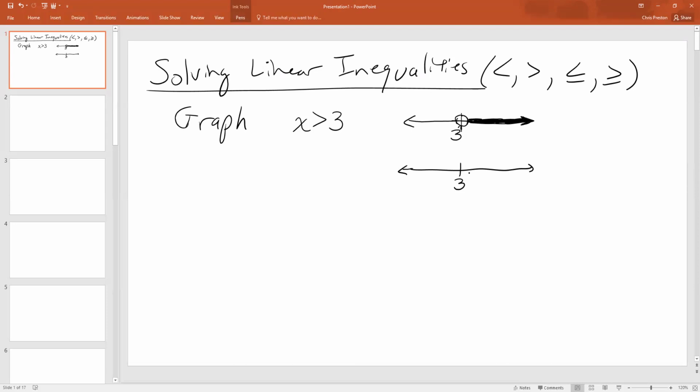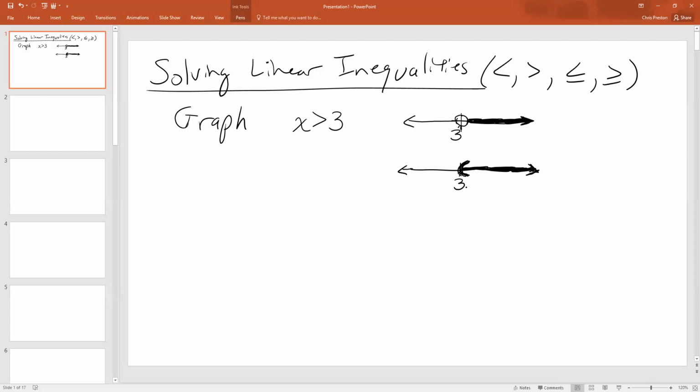All right. A second alternative is the same idea. We're going to go to the right, but this time instead of a circle, we're going to put a parenthesis on the 3. And the parenthesis means the same thing as the open circle, the circle that we did not shade in. It means that every number bigger than 3 is going to work, but that boundary number 3 is not going to work.